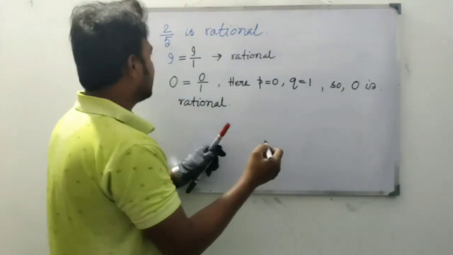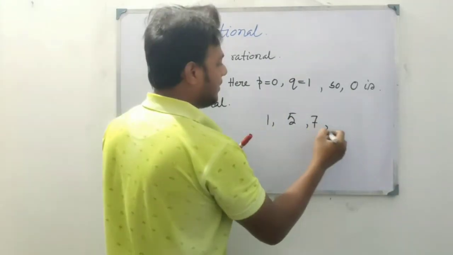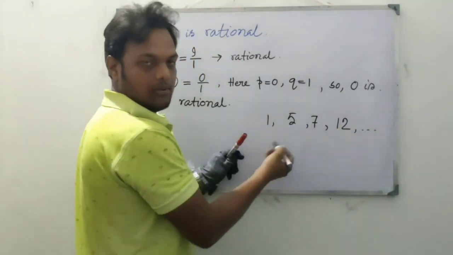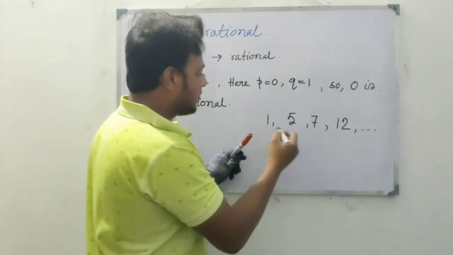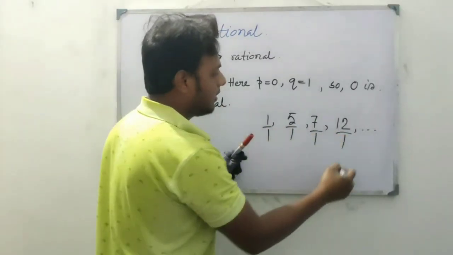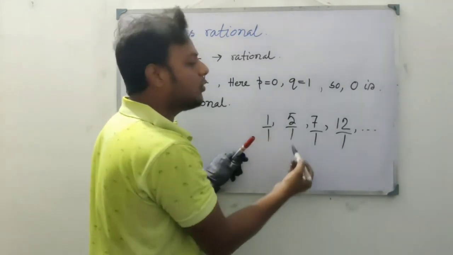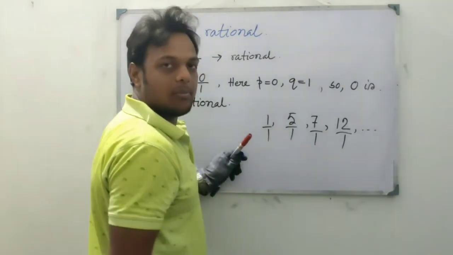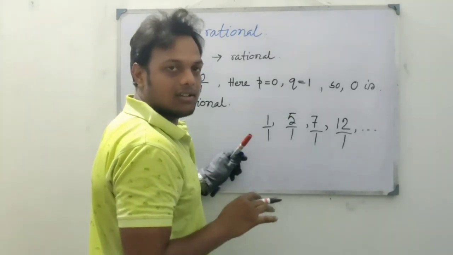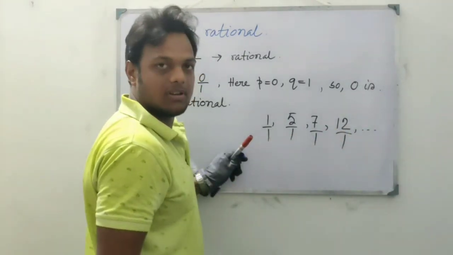Suppose I am considering 5, 1, 5, 7, 12, all these are natural numbers. So we can take the denominator as 1. So all the numbers are converted into the form p by q, where p and q both are integers. So all the natural numbers satisfy the form of rational. So these are all rational numbers. Clear?